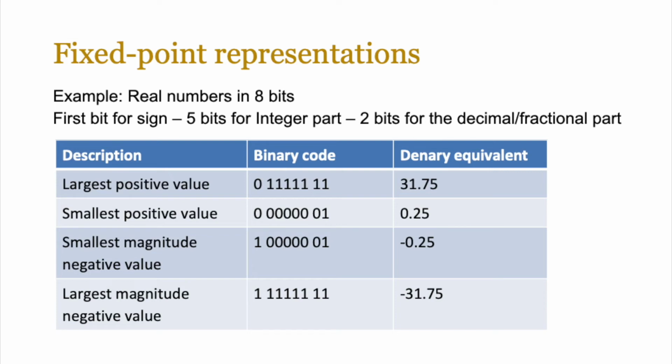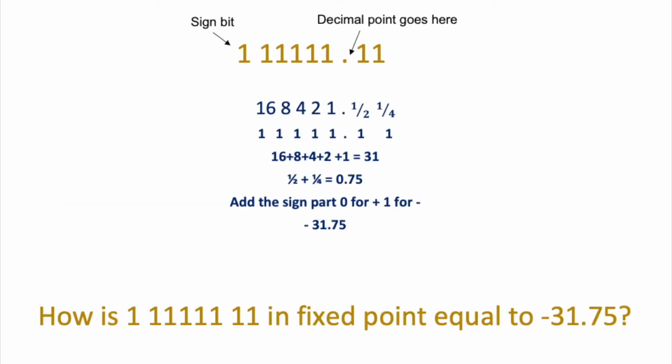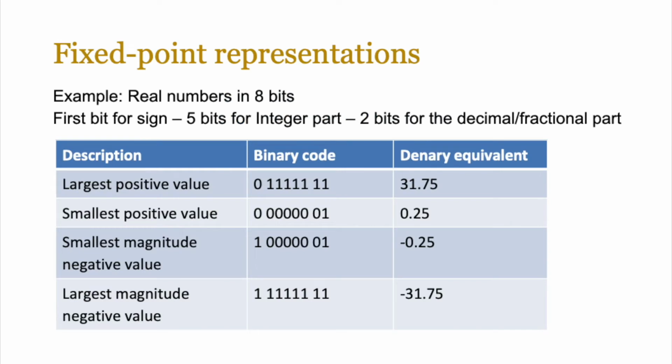And similarly, if you work out the largest magnitude negative value, the first bit denotes the sign, so 1 means it's a negative value. 1, 1, 1, 1, 1, we already know means 31. And 1, 1 towards the end means it's half plus a quarter, which is 0.5 plus 0.25, which is equal to 0.75. So it becomes negative 31.75. Now, in this 8-bit system, we still have 256 values, but they're going to range between 31.75 and negative 31.75.